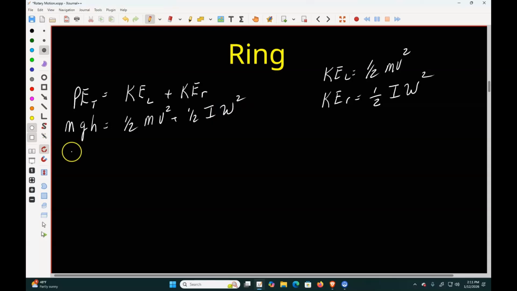Okay, let's expand this a little bit. So this is mgh equals 1/2 mv squared plus, for a ring, we said that I was equal to mr squared.